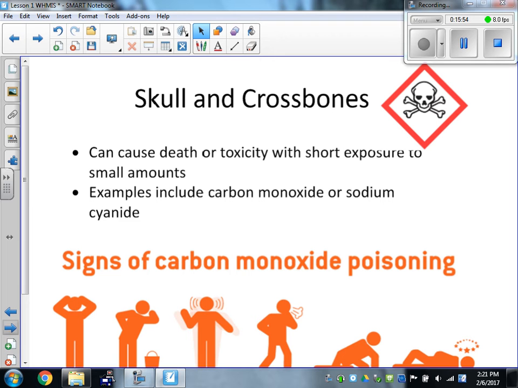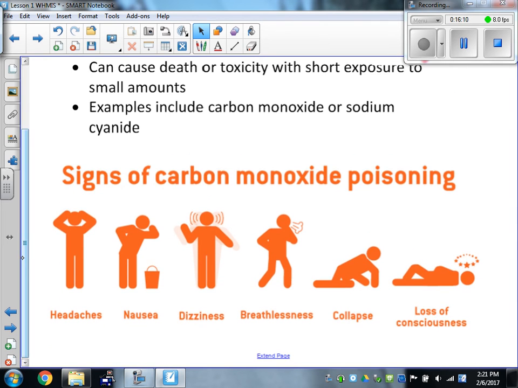These are some signs that if you're ever feeling like this, especially if you're at home, you should think about getting outside and getting some fresh air. Sodium cyanide is a poison, that's more of the poison kind of thing. But if you're getting headaches, not feeling well, and I know these symptoms are sometimes just when you're not feeling well, but dizziness, breathlessness, collapse, and then loss of consciousness eventually is what takes place.